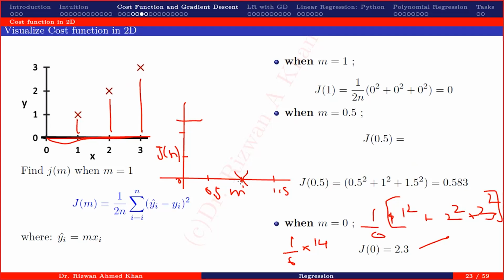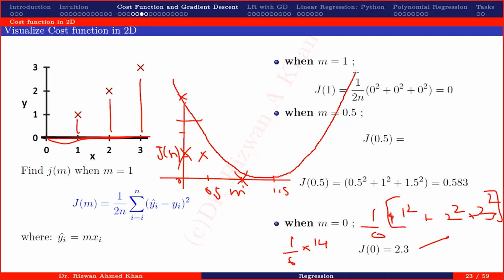So this is the point. When m is 0.5, cost is 0.5, something over here. And when m is 0, sorry, the last point should come over here. When m is 0, it is 2.3, so something big. And we can just trace these values.